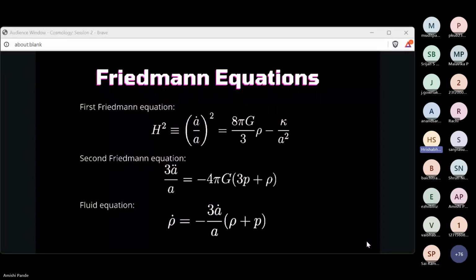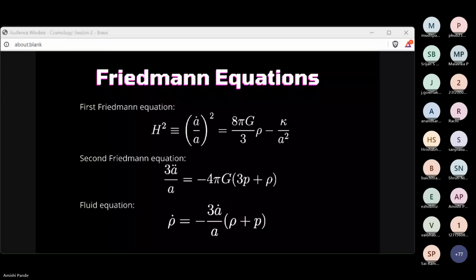Now, rho is the density of stuff present in the universe, which is equal to the sum of the densities of everything present in the universe. Let's say the universe had just three objects A, B, and C. Then the Friedmann equation would have been 8 pi G by 3 times (rho A plus rho B plus rho C).